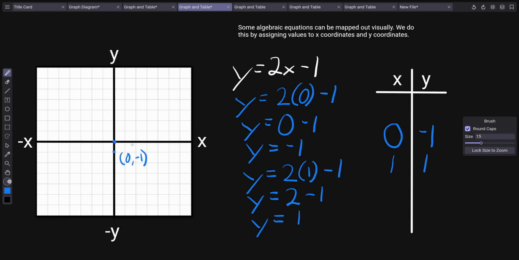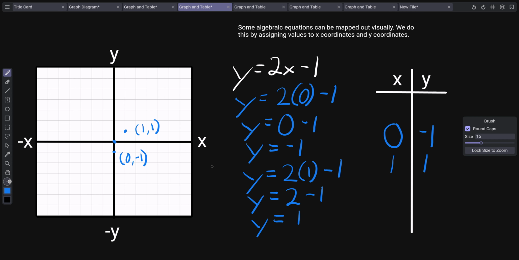And where is that going to fall? Well, it's 1, 1. They're both positive, so we take one step to the right and then one step up. That falls here. And this ordered pair is going to be 1, 1.